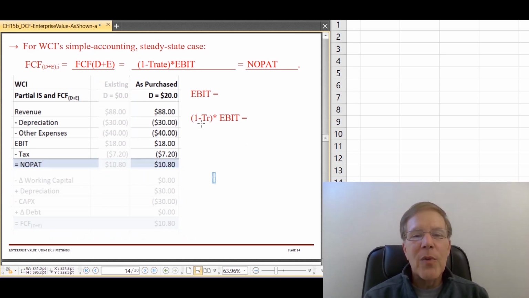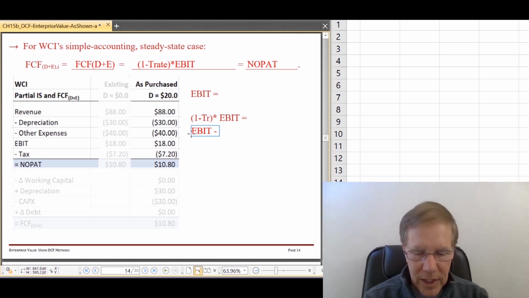And you might be wondering how I can do it this way when I'm really saying it's 1 minus the tax rate times EBIT. Well, that's the same thing as doing this the accounting way, taking EBIT and then subtracting the tax here, right? Because this is equal to EBIT minus the tax rate times EBIT, right?